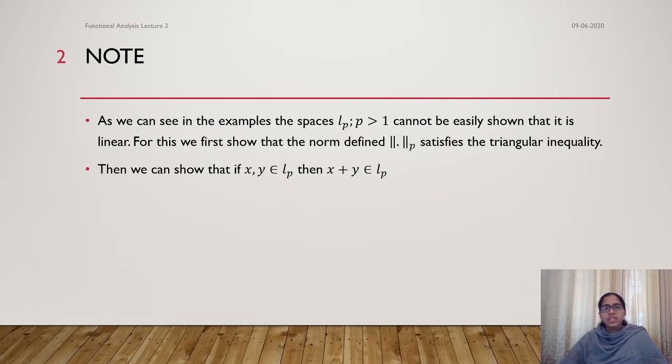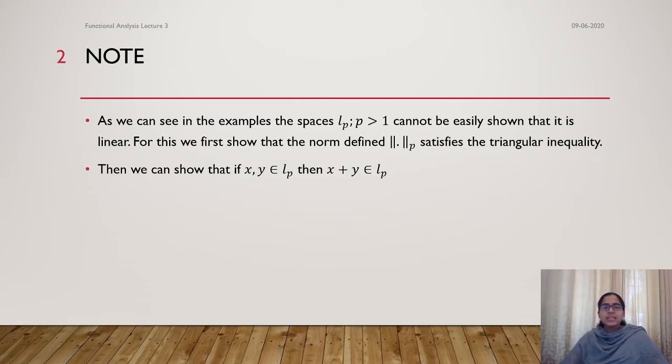The other two properties of a norm are easily seen, but this property cannot be shown as easily as in the case when p is equal to 1. Once we show that the norm satisfies the triangular inequality, it is easy to show that it is a linear space.